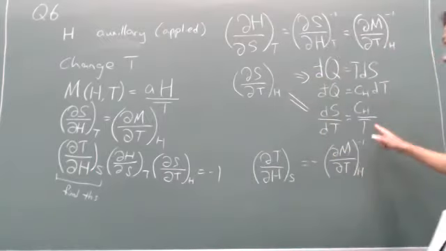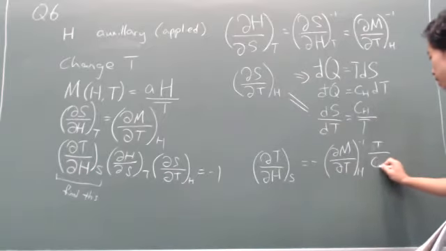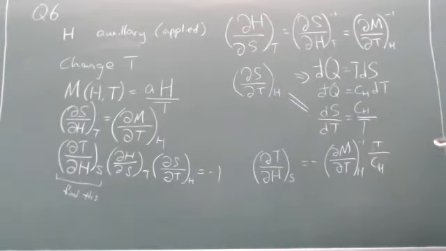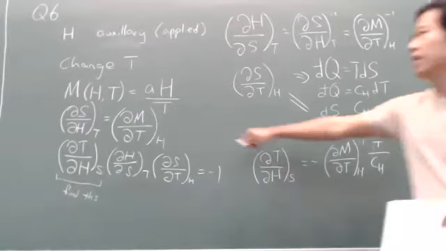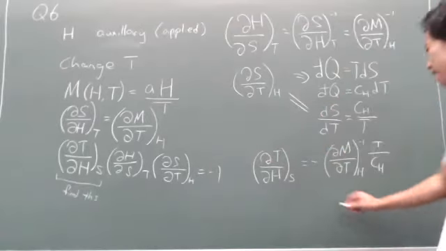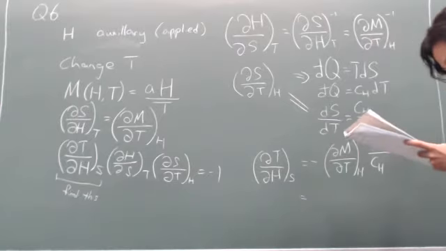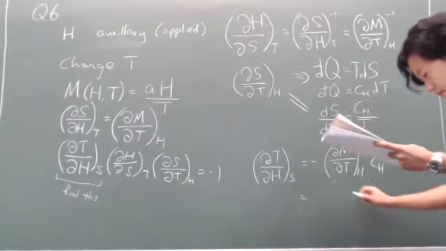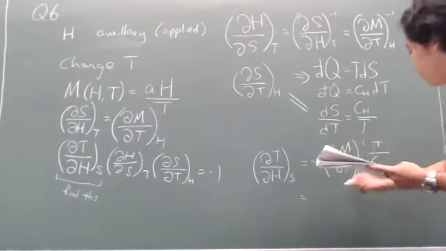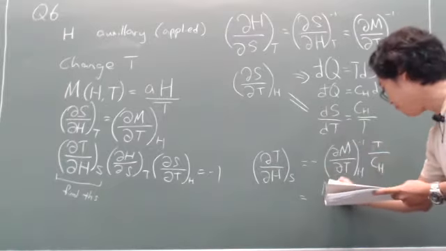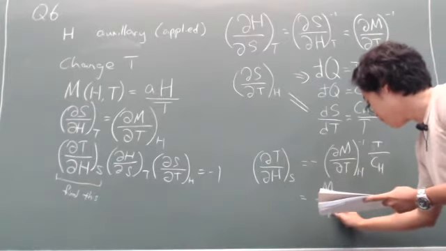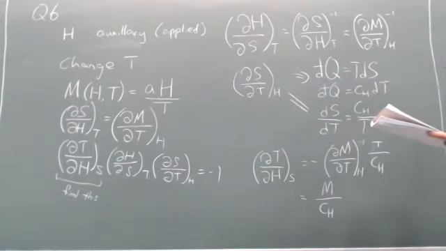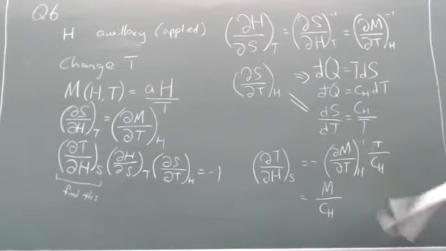So it's the inverse of that, so it's t divided by ch. And then now all that's left to do is just evaluate this. So you take that and you differentiate it, and you should hopefully get, so this whole thing should be m divided by ch. Yep.